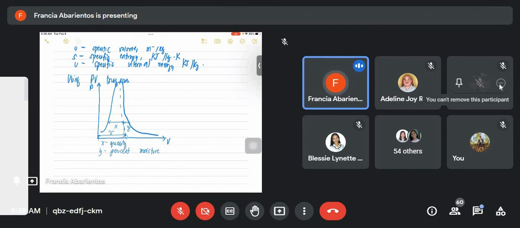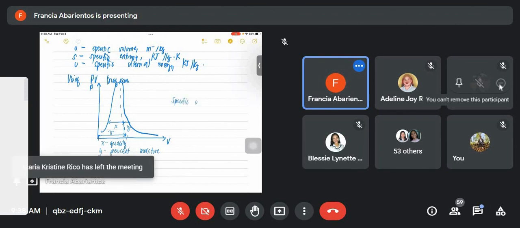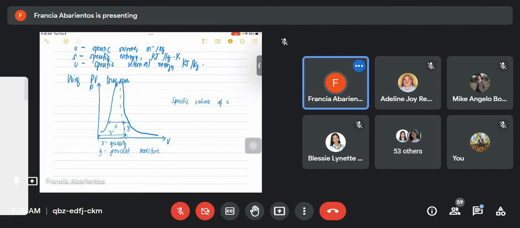So, paano natin mahanap yung specific volume of a wet mixture? So, paano natin yan makukuha, class? Based from the figure, class, yung specific volume natin.